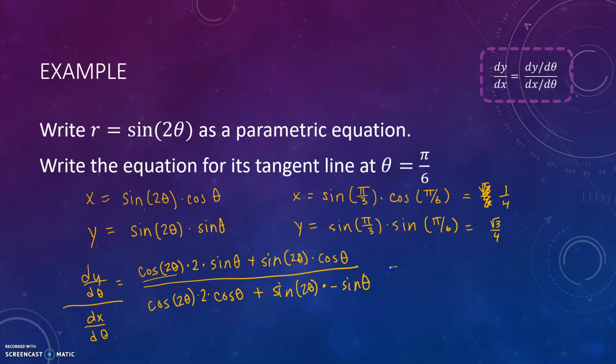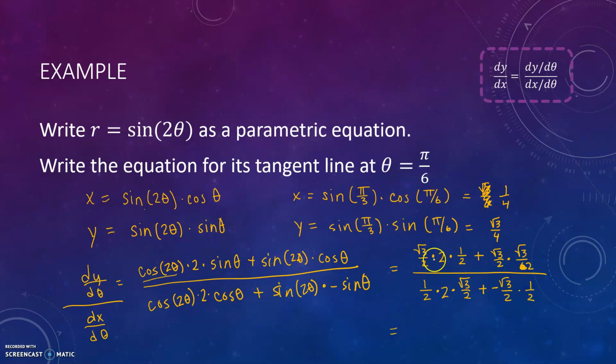So cosine of pi over 3 times 2 times sine of pi over 6, which is a half, plus sine of pi over 3 times cosine of pi over 6, over cosine of pi over 3 times 2 times cosine of pi over 6 minus sine of pi over 3 times sine of pi over 6.